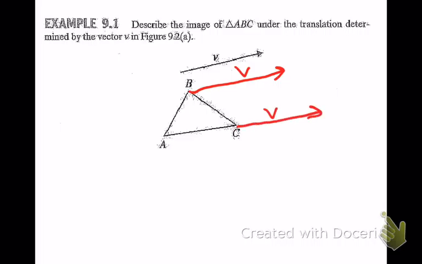There's the vector, and then point A, we would also do a vector V, and then I would have my new triangle A prime, B prime, C prime. I've translated it, I've slid it over using that vector.